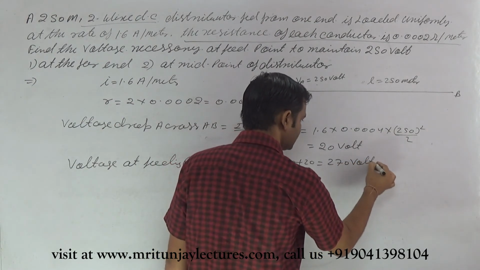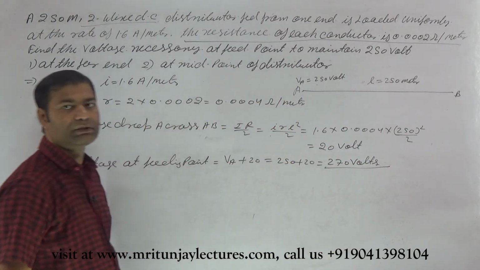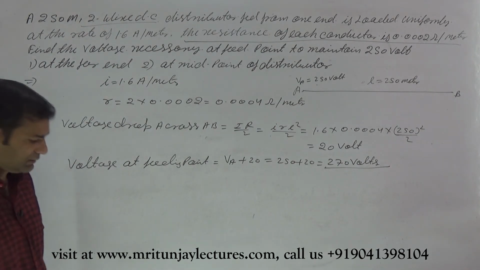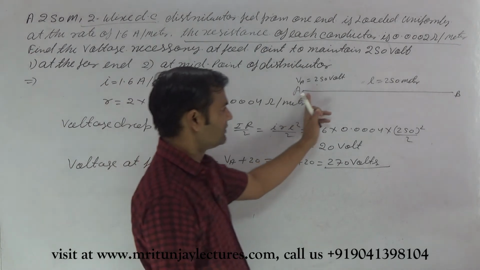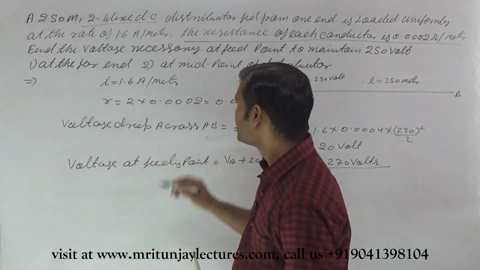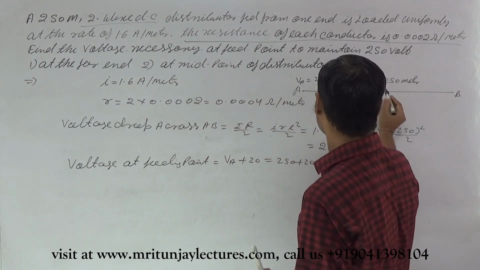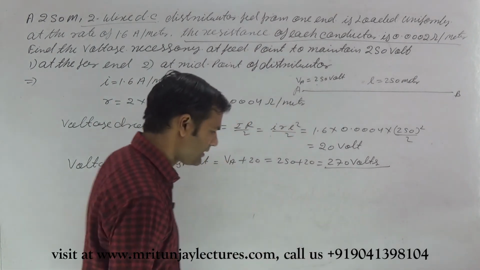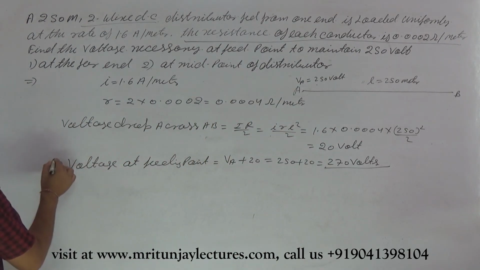This is the final answer. If the question asks for the voltage drop, then it is only 20 volt, but for the feeding point it is this voltage plus the entire voltage drop. That is clear.